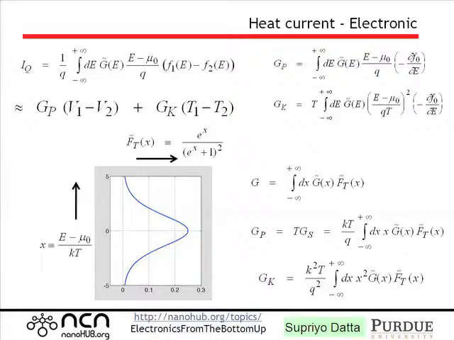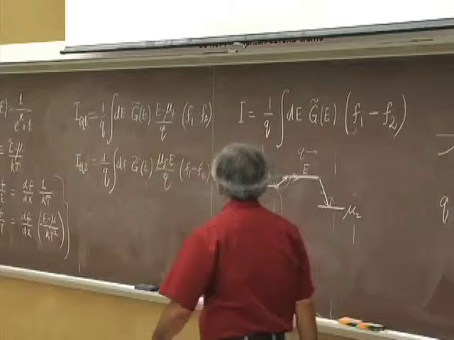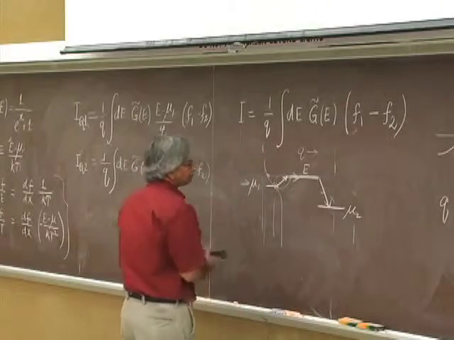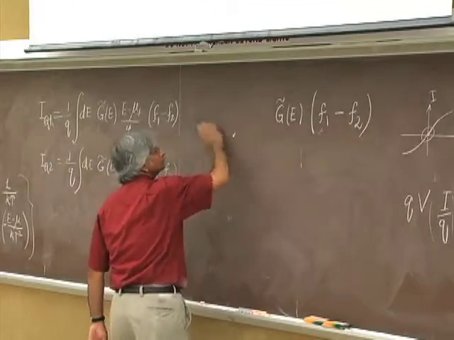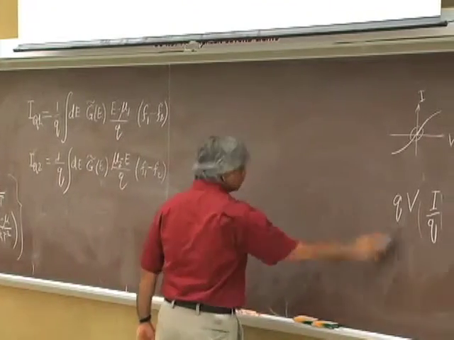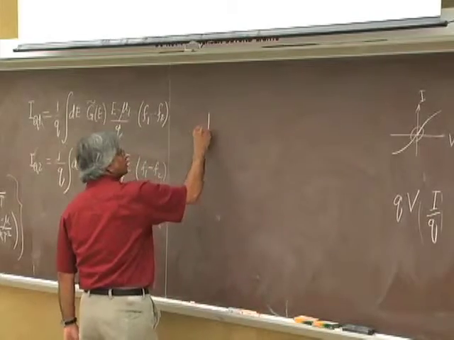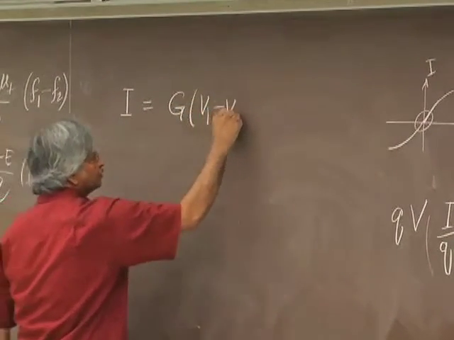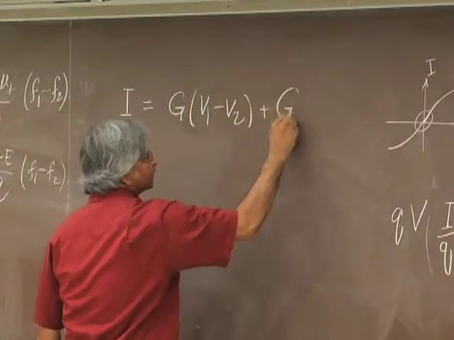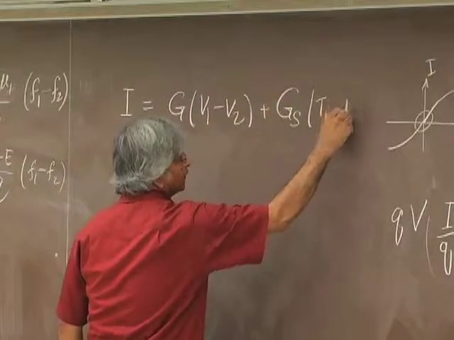And what you can see is that, in the last slide, I had written I equals G (V1 minus V2) plus GS (T1 minus T2).